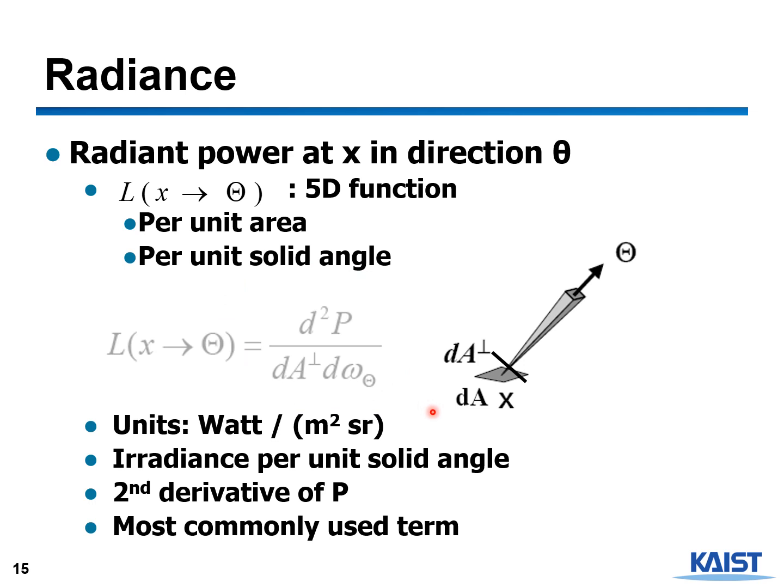So the unit is watt divided by meter squared, also per unit solid angle. This is irradiance per unit solid angle, again the second derivative of the power. That's why I use the second derivative, and it is the most commonly used term.